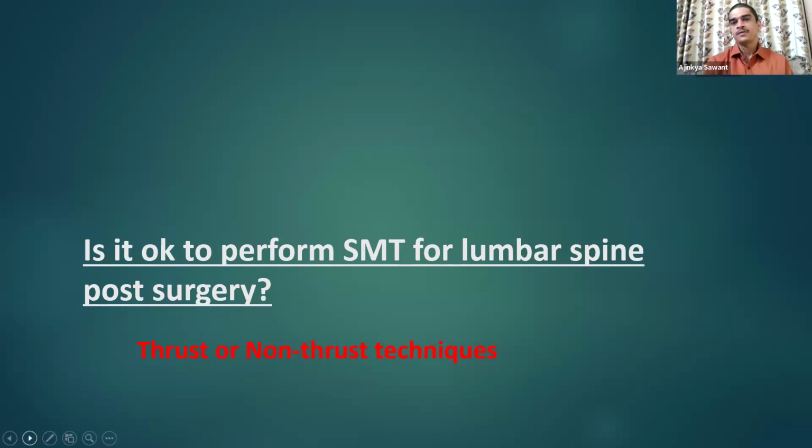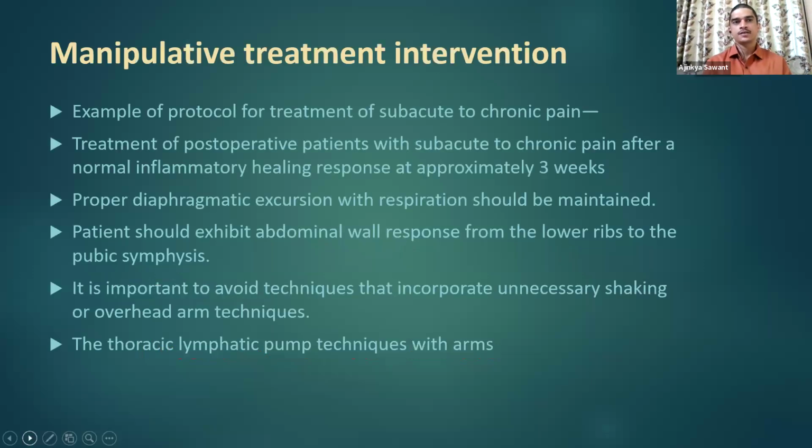Okay, we'll ask sir regarding this. Manipulative treatment intervention. Example protocol for the treatment of subacute and chronic pain: treatment of post-operative patients with subacute to chronic pain after the normal inflammatory healing response at approximately 3 weeks.